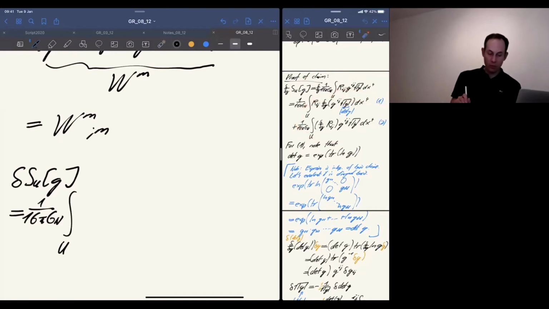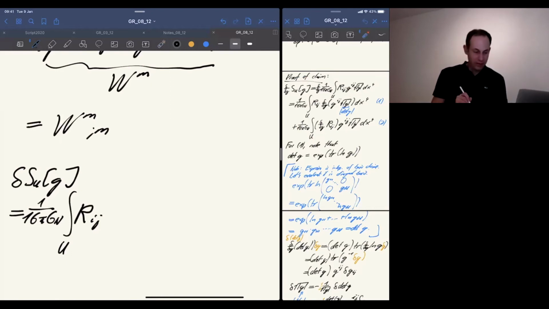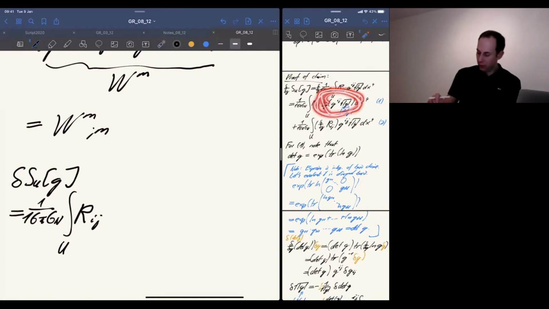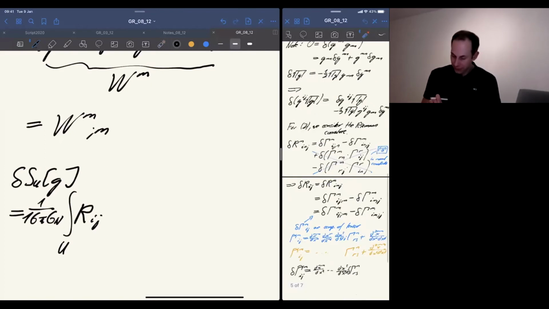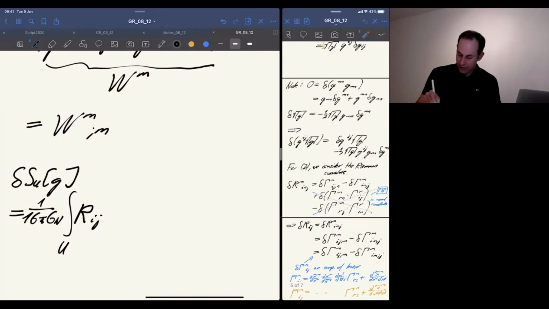So I'm first writing 1. The first term consists of R_ij, and then we evaluated the rest. So what was the rest? We found that this expression here is equal to that thing here.